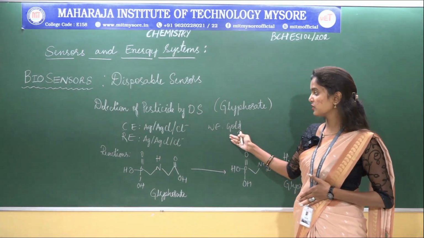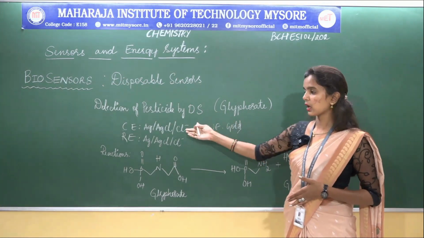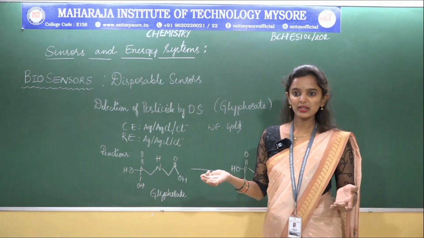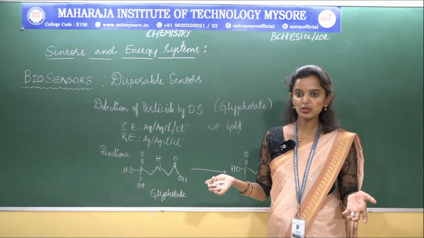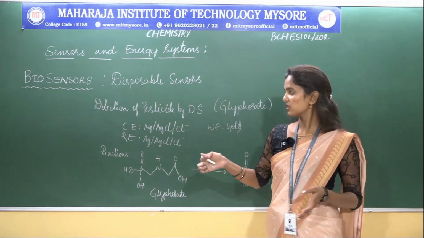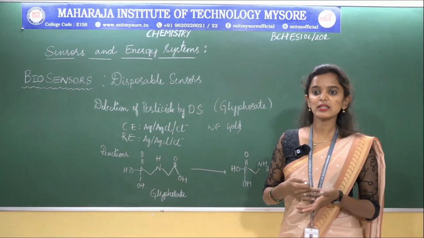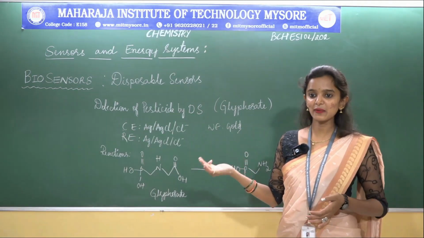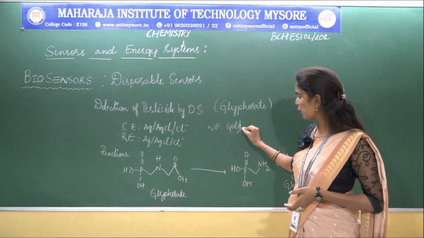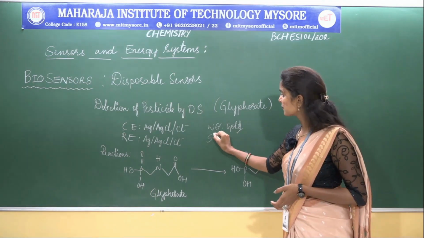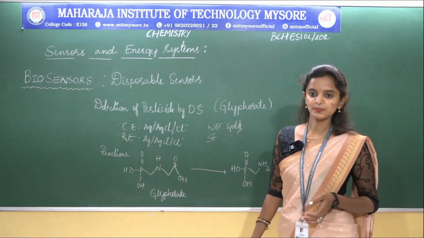The working electrode which we have used is gold, along with the counter and the reference electrodes. What happens? The electrochemical sensor catalyzes the oxidation of glyphosate on the surface of gold, our working electrode, which is also called the sensing electrode.